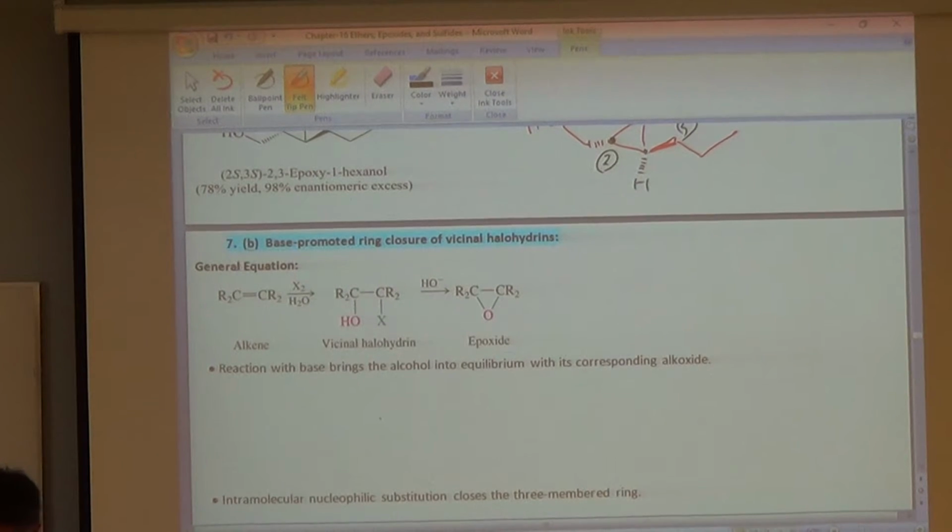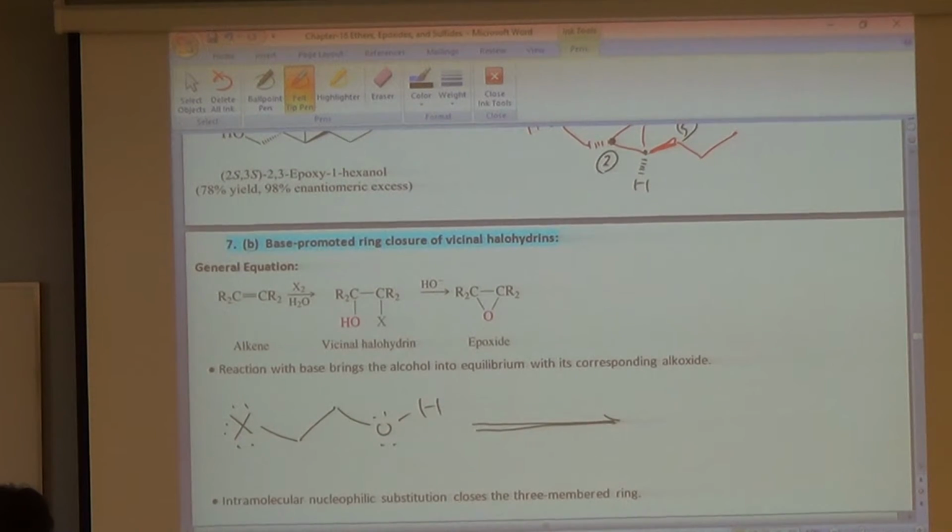Let's take a simple halohydrin. Let's see, we have X. Sometimes you write your reaction like this.